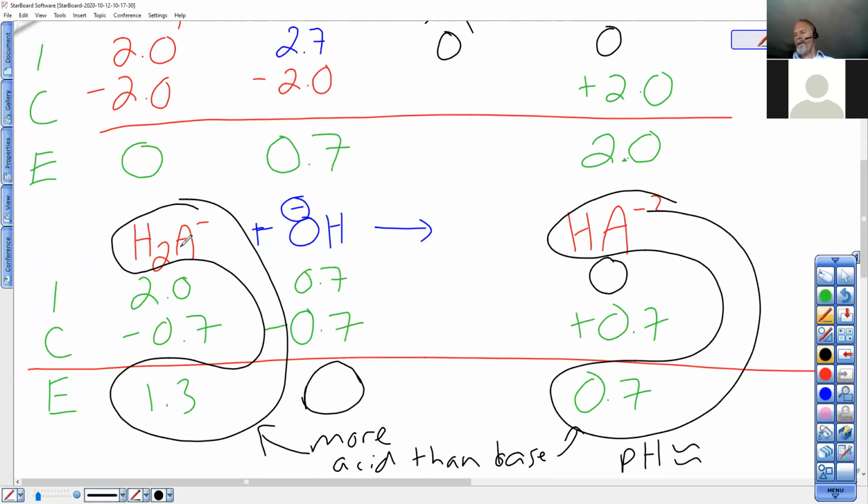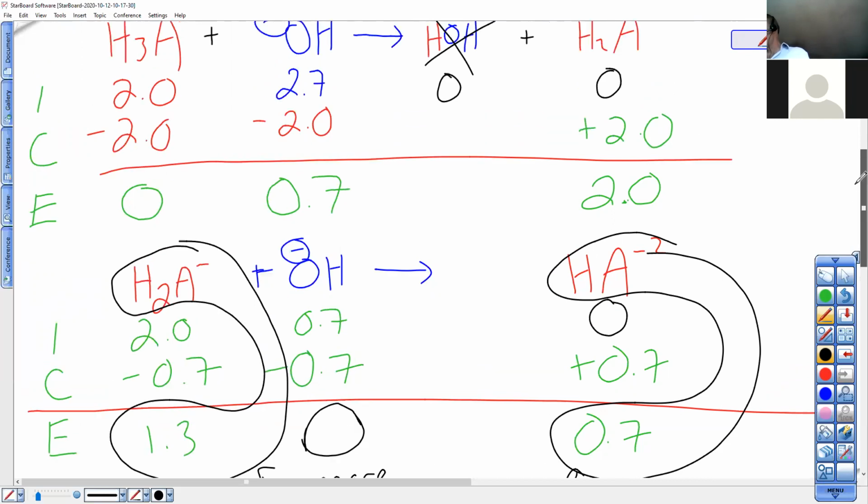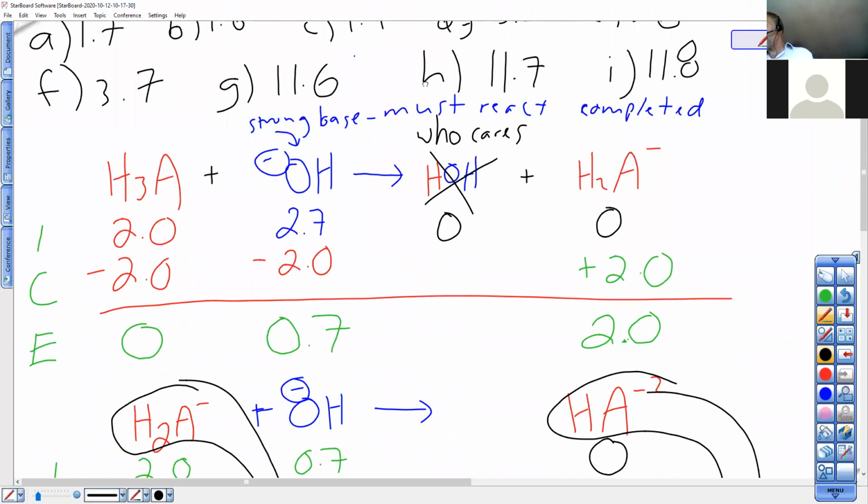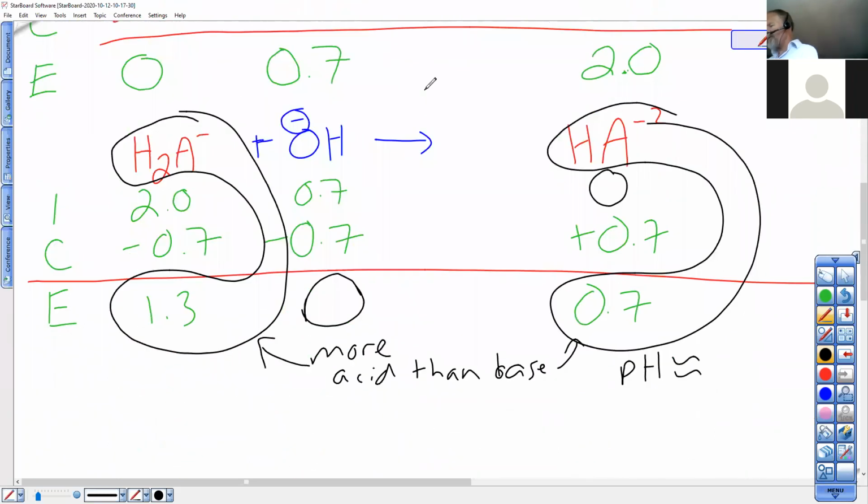That's why we did that work at the beginning. I need to know the pKa of this acid because in this mixture, it's the only acid present. H2A negative, 3.6. So my answer is close to 3.6. That's what buffers do. My only question now is, is it a little above or a little below 3.6?